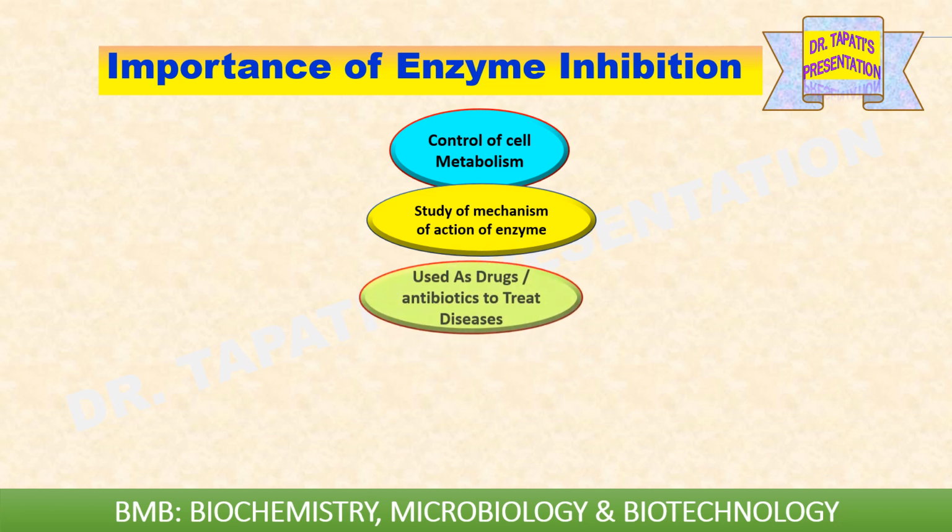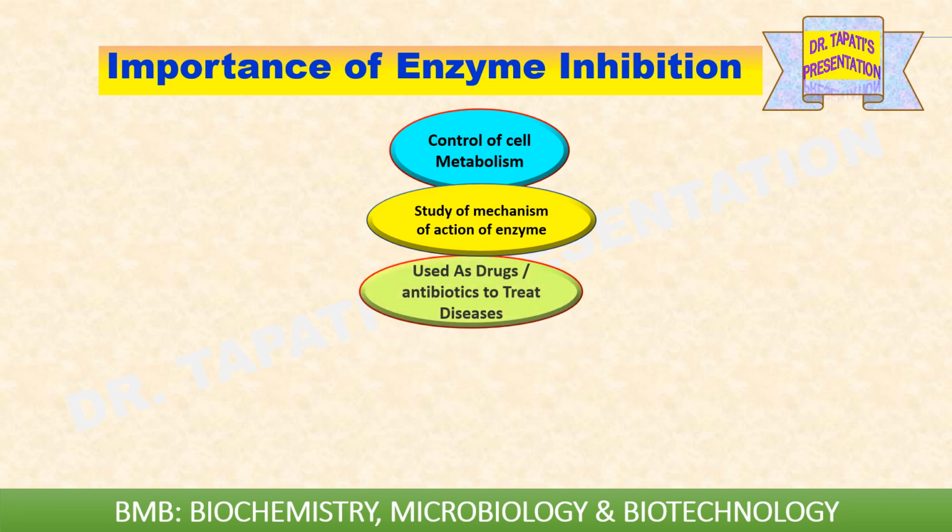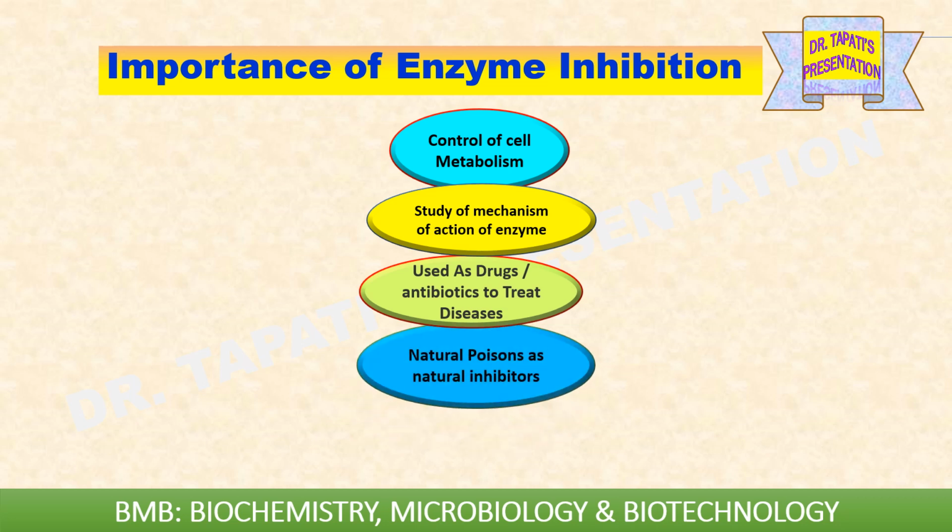A lot of drugs act as inhibitors by blocking the activity of enzymes. Pathogens can be killed or metabolic imbalances can be corrected. Various plants and animals produce a variety of poisonous substances like peptides, proteins, and secondary metabolites that act as natural inhibitors.